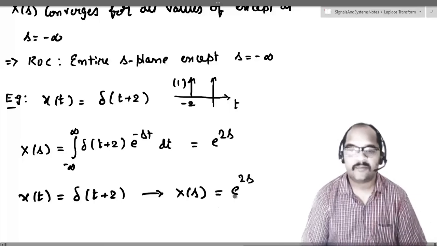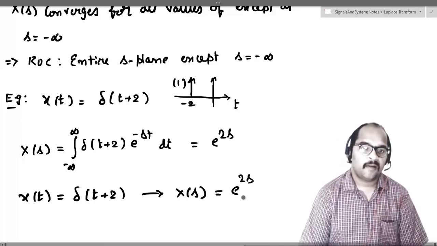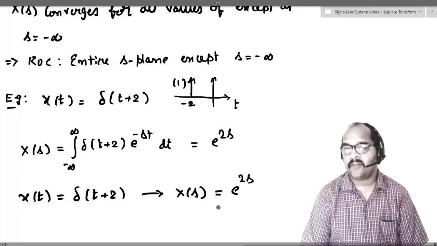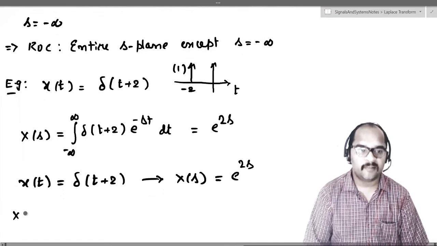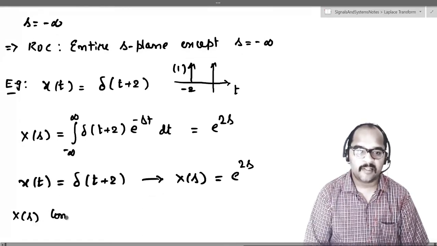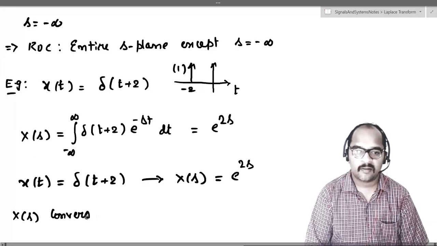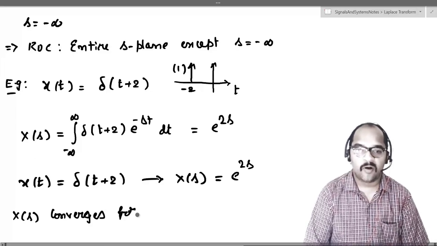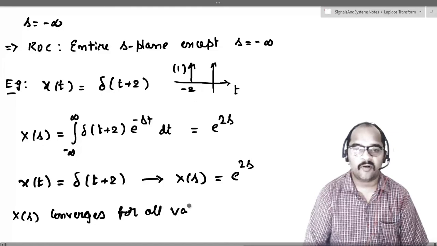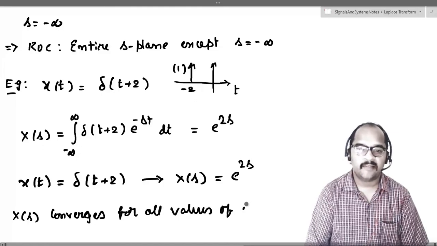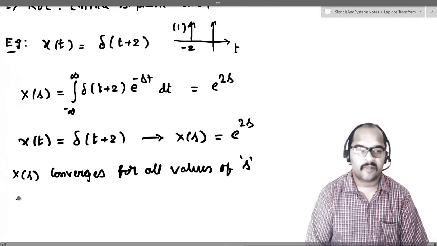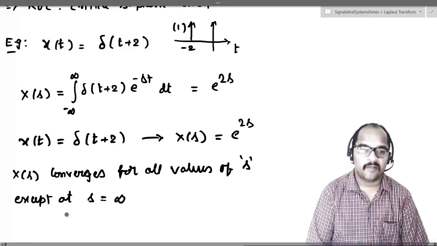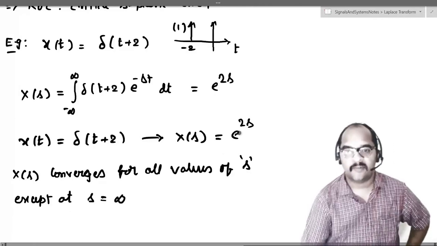Now tell me here, when will this diverge? When will x of s become infinite? Only if s is infinite. So x of s converges for all values of s except at s equal to infinity.